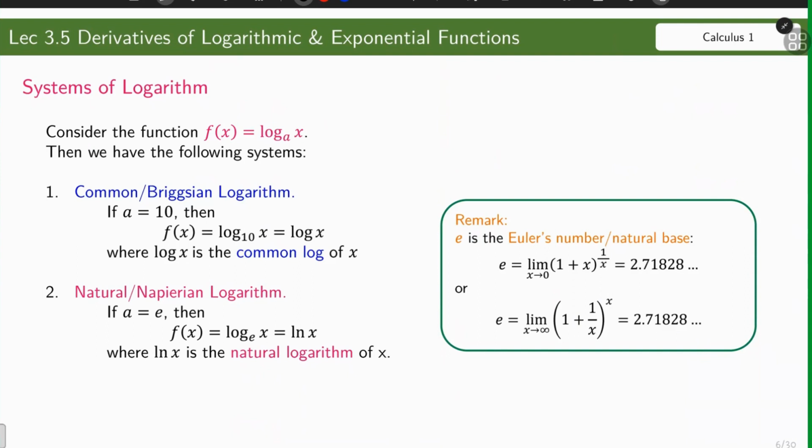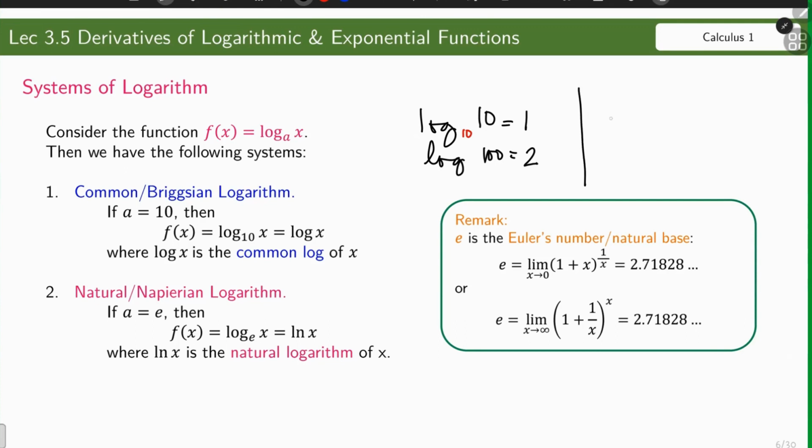So, what is the value of log of 10? If we have an invisible 10 here, positive 1. How about the logarithm of 100? So we have positive 2.